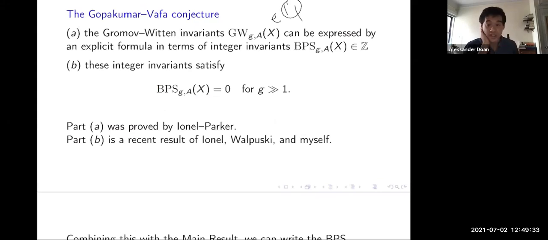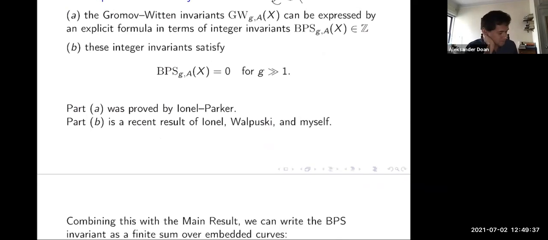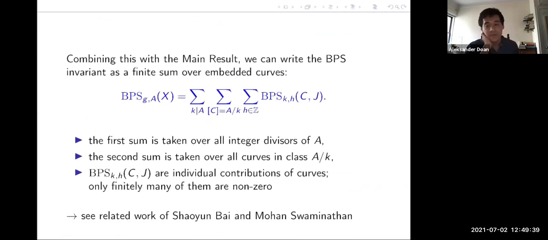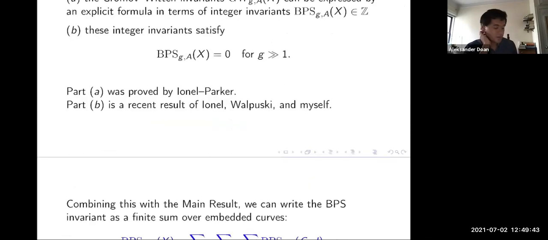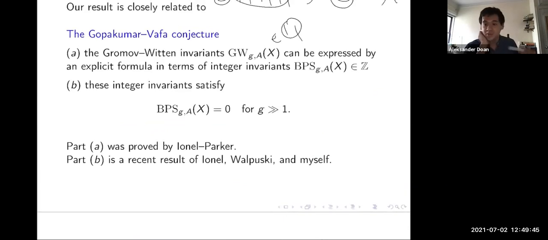In fact, we get a structure theorem for these BPS invariants. Oh, by the way, I didn't say how they are defined. They are essentially defined in terms of Gromov-Witten invariants by this universal formula. You express the Gromov-Witten series by some universal transformation in terms of some other numbers, and you call those BPS invariants. So there is no geometric definition of the BPS invariant.